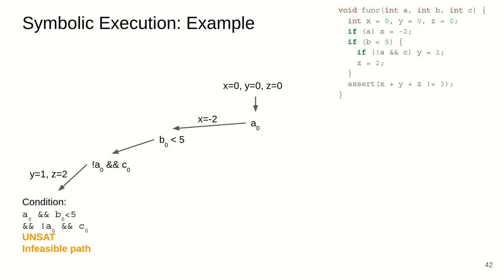This is unsat, right? So this is an infeasible path because both a and not a are true. Therefore, the symbolic execution engine will drop this path. Next step, we will evaluate if this condition is not true. Our collected path is a0 and b0 smaller than 5 and not not a0 and c0. We can evaluate this.